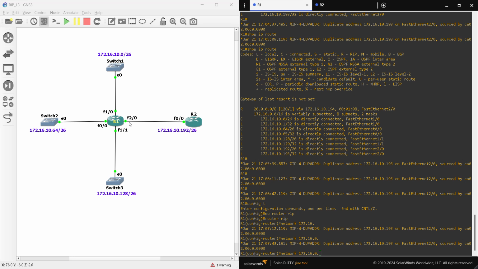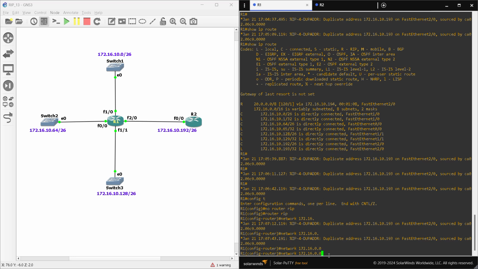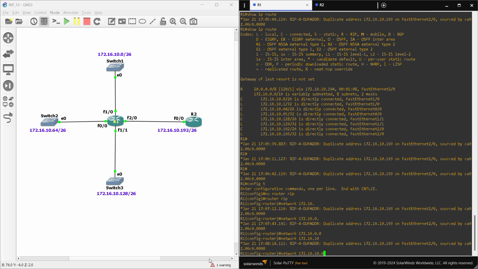Do I have to configure 172.16.0.0, or do I have to enter 172.16.10.0, as it is a uniformly subnetted network? It is configured in a uniform way, /26 over the whole network. So let me figure it out.